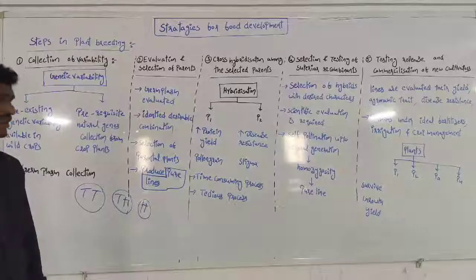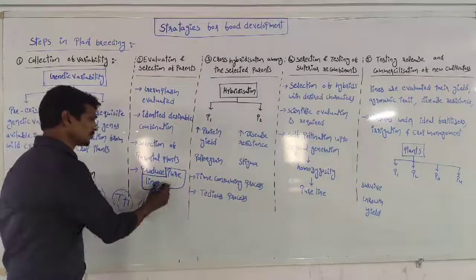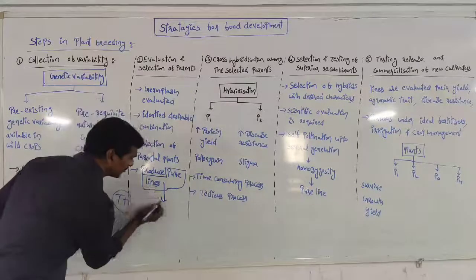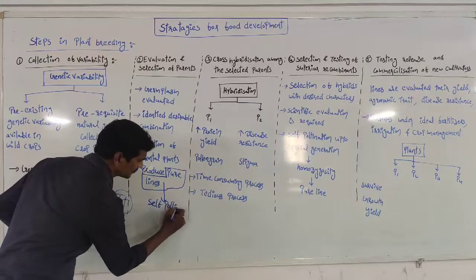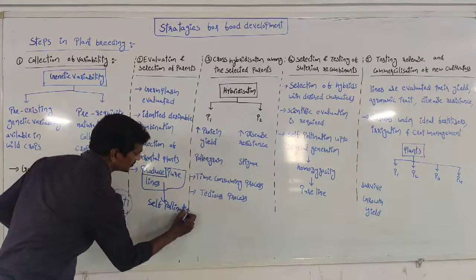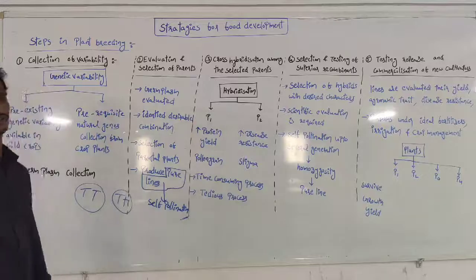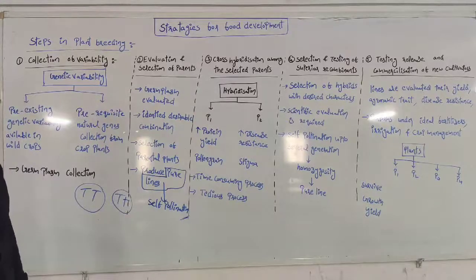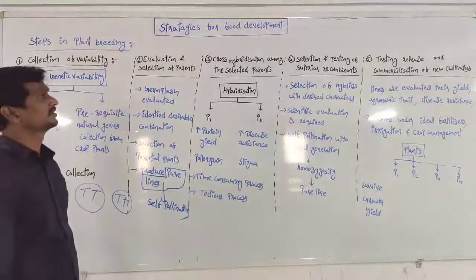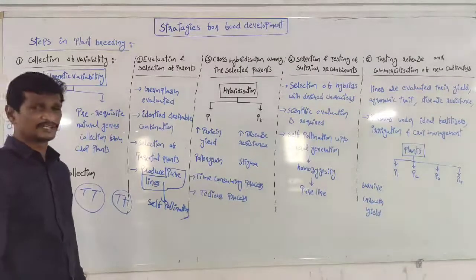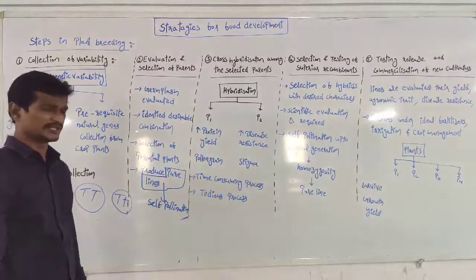That's the reason why we are producing the pure lines by the self-pollination process. By the self-pollination process, we are producing the pure lines. Right? That is about the evaluation and selection of parental plants, and next, cross hybridization among the selected parents.